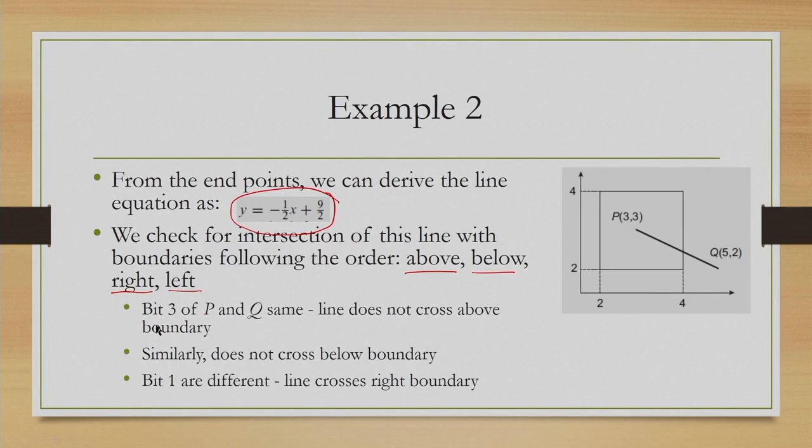So, for above boundary you can see that bit 3, which represents the above boundary, of P and Q, both the endpoints are same. So, the line does not cross above boundary. Similarly, you can see that the line does not cross below boundary.